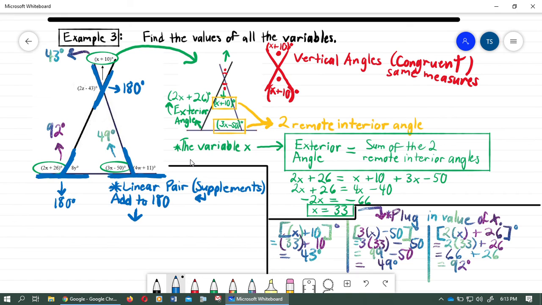The equation that helps us figure out what y is would be 8y plus 92 degrees. These two angles, the 8y and the angle we just found to be 92 degrees by plugging in the value of x, have to add to 180 degrees.